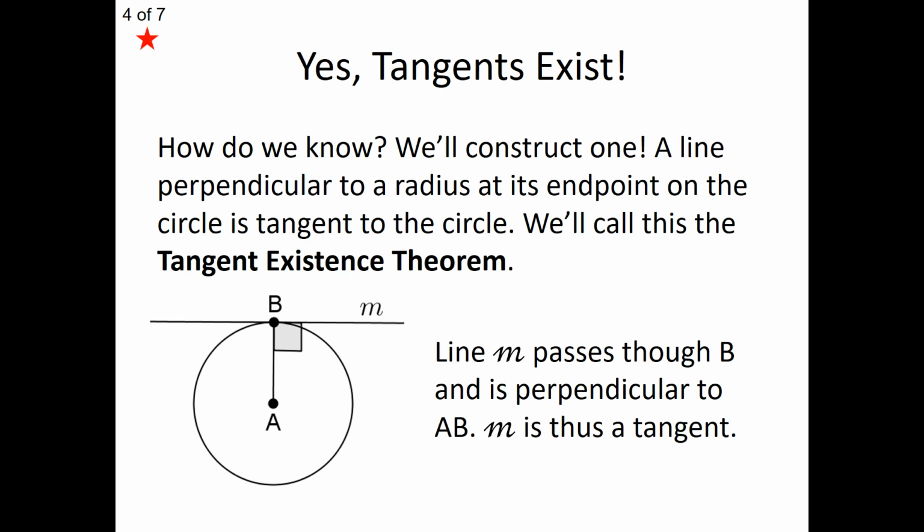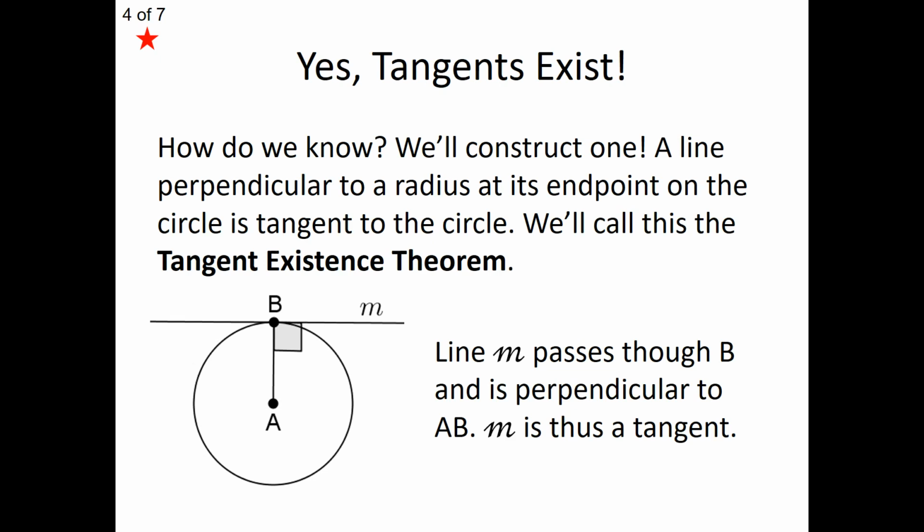For this construction, we're going to prove that this line is in fact going to intersect the circle at precisely one point, B, which then proves that tangents actually exist, known as our tangent existence theorem, or the TET. So line M passes through point B, which is the endpoint of the radius, and line M is perpendicular to AB.